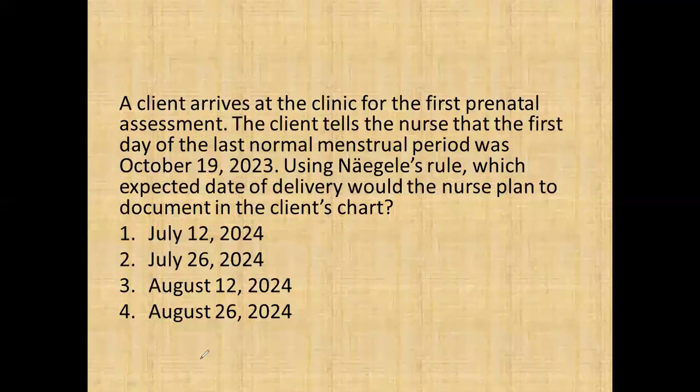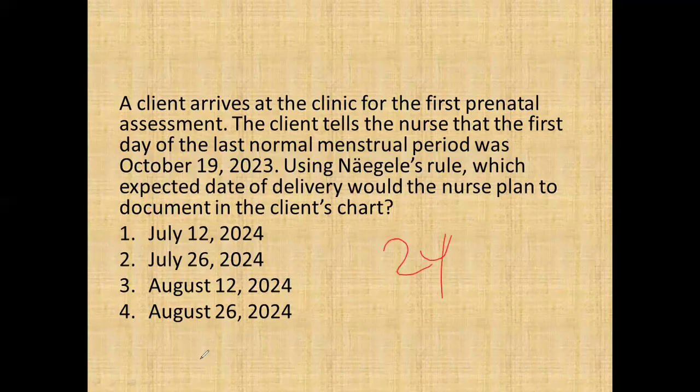So, for instance, let's say this question had gone ahead to say that the last menstrual period started on 19th October 2023 and ended on, let's say, 24th October 2023. And they are asking you to calculate the estimated date of delivery.